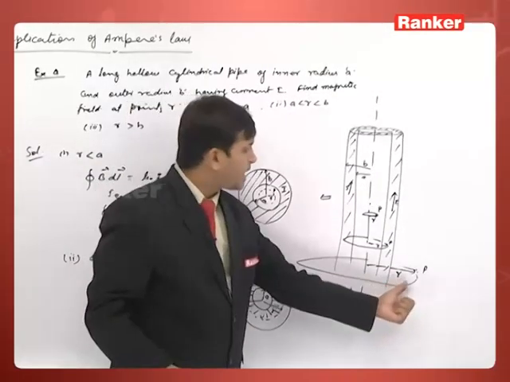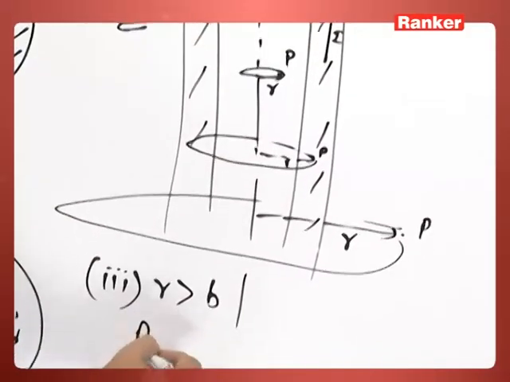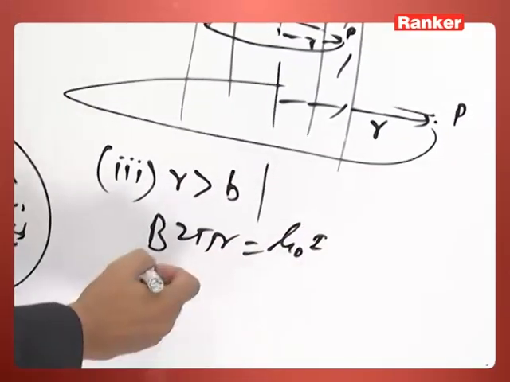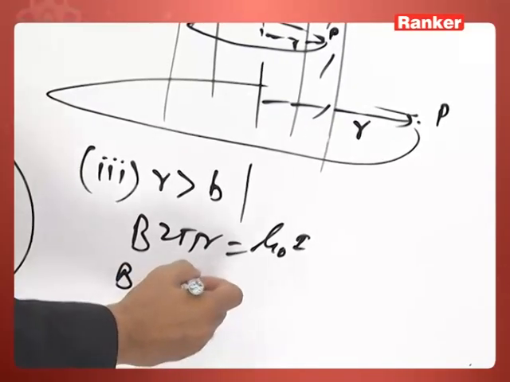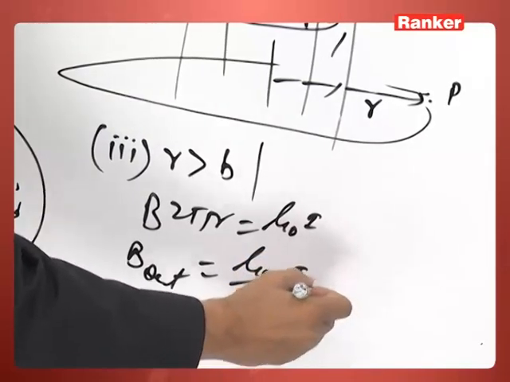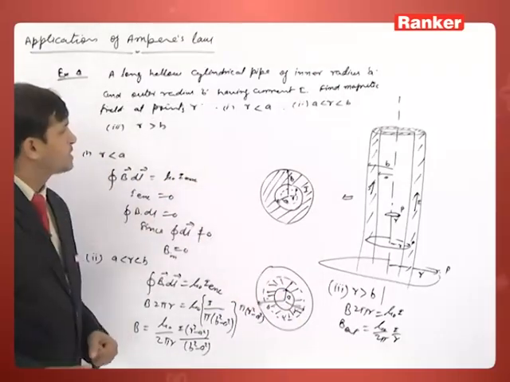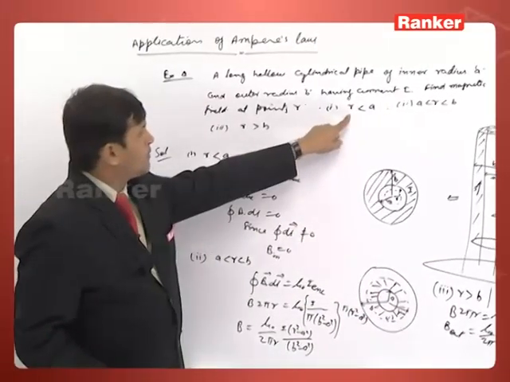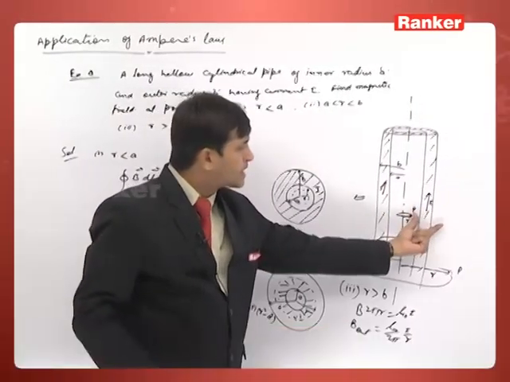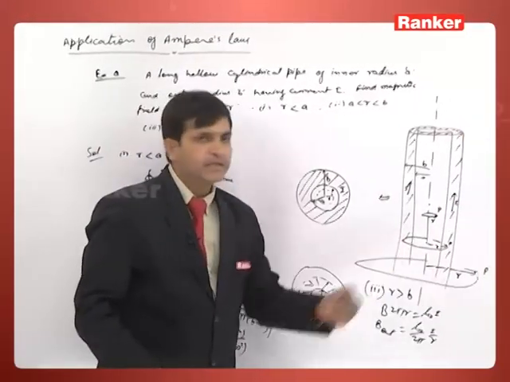Here the enclosed current will be the total current. So B into 2 pi r equals mu naught into I, so B outside is mu naught by 2 pi times I by r. This is the net magnetic field. In this manner we can get the field: for the first case, R is less than A; for the second, R is between the inner and outer surface; and the third is when the point is outside.